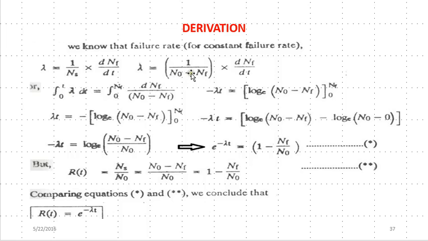From here, I rearrange this lambda, I cross multiply dt, and this 1 over N0 minus NF is multiplied by dNF, meaning I am integrating with respect to t. If you integrate with respect to t with limits from 0 to t, it should give you lambda t. What brings about this minus?